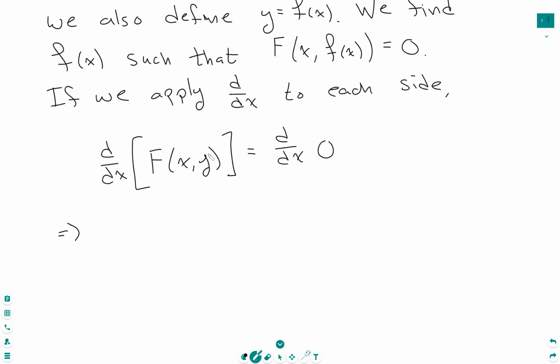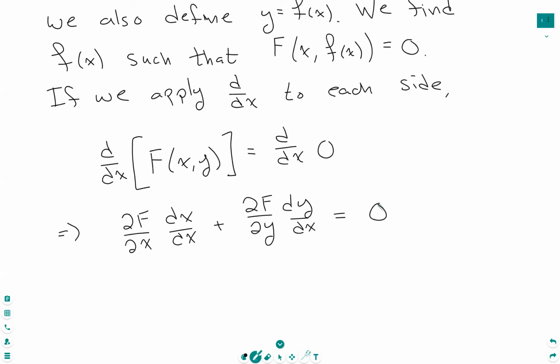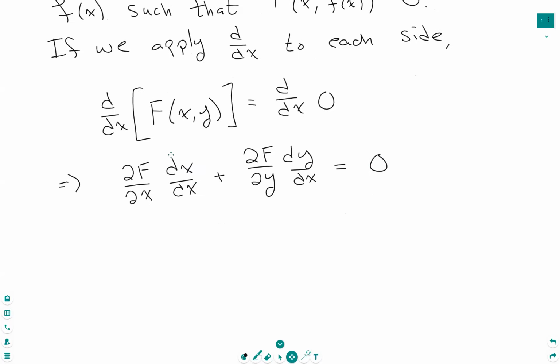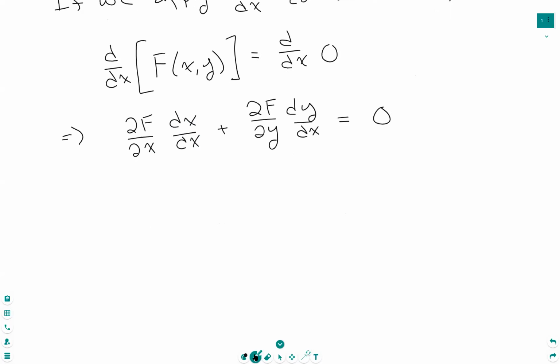We have to use the chain rule on this because y is inherently a function of x. So we have partial capital F, partial x, dx dx, plus partial F, partial y, dy dx, and this is still equal to 0. Now, of course, this dx dx is just 1, so that's pretty nice.